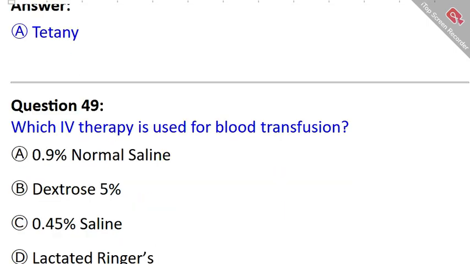Which IV therapy is used for blood transfusion? Read the four options carefully. As you know, this practice test focuses mainly on fluids and electrolytes, acid-base balance, lab values, nutrition, IV therapy, and blood products, and regularly you are getting questions relating to these topics.